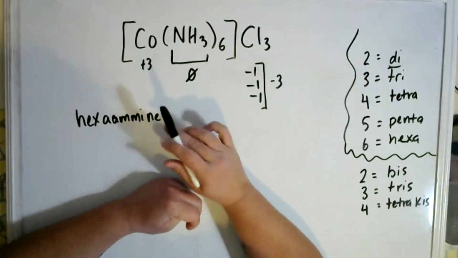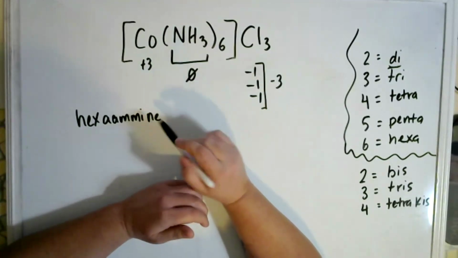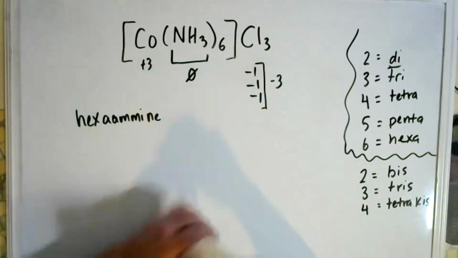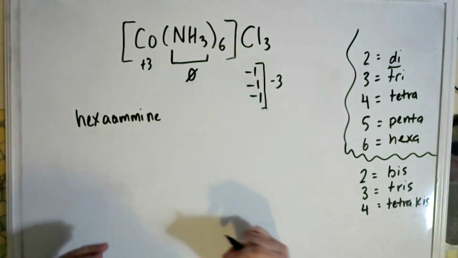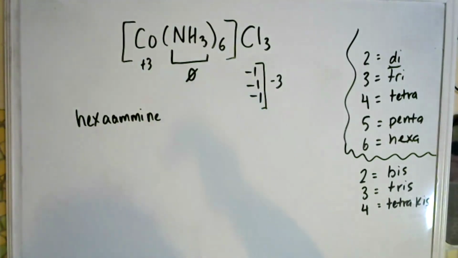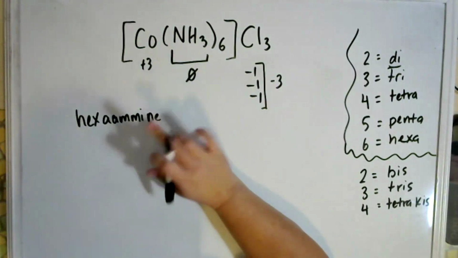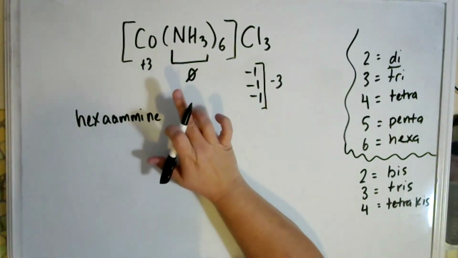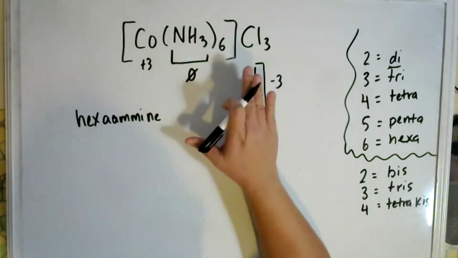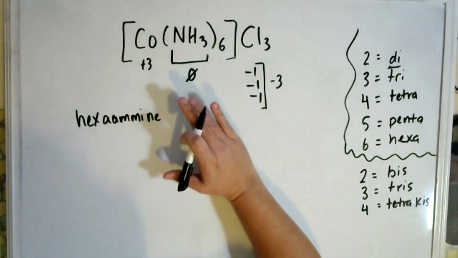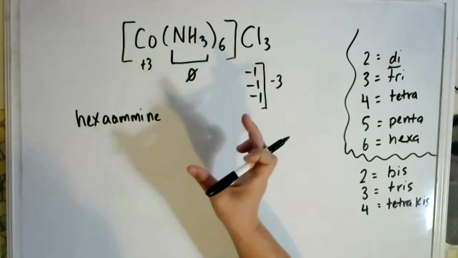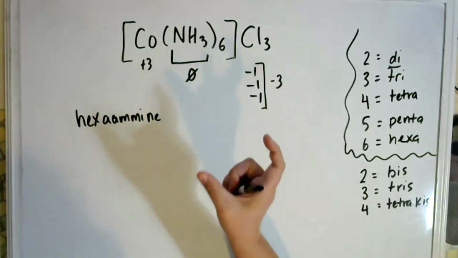So now I'm going to take that oxidation number and use it as part of the name, right? When you are working with a complex cation, which is what we're working with here, we don't have to change the name of the metal itself.